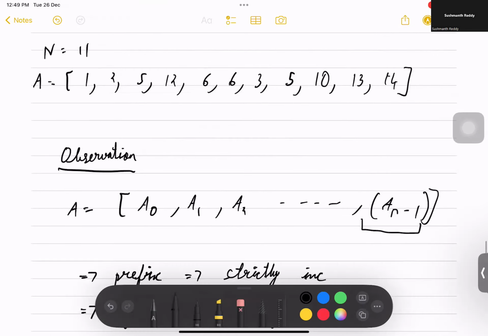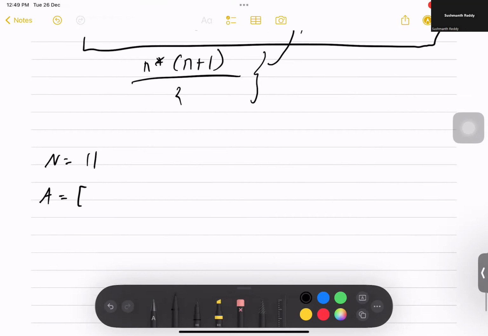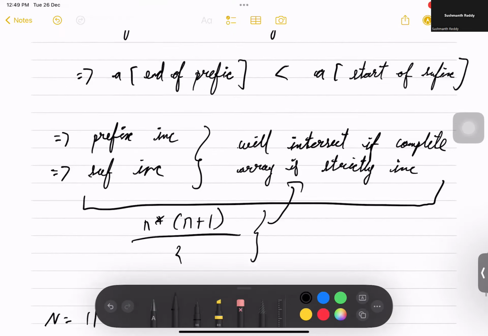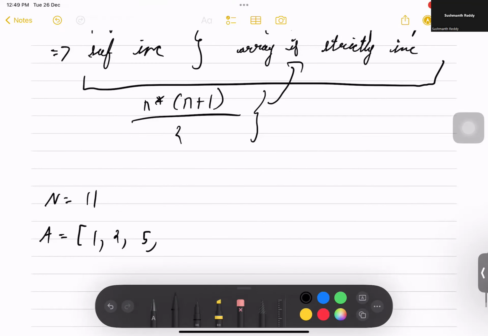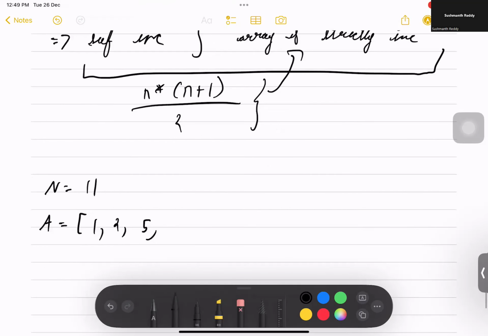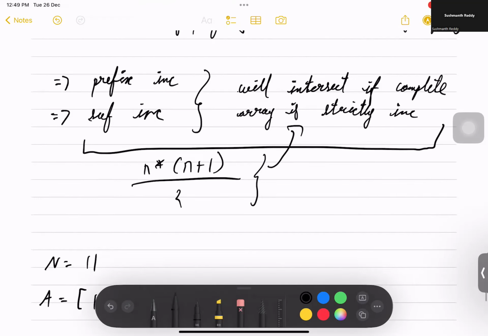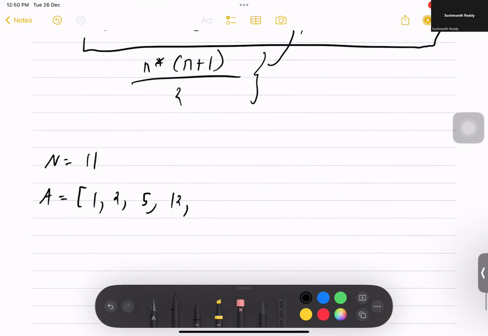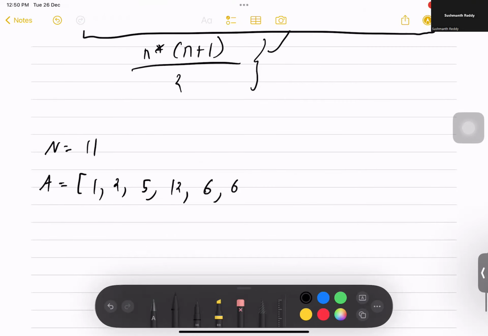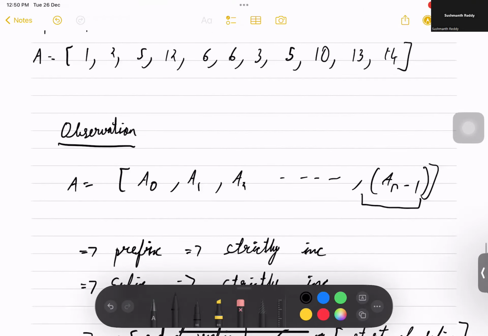We'll be doing the following calculation on this example, and it holds for every array. If it's working for this, then it should hold for every array.